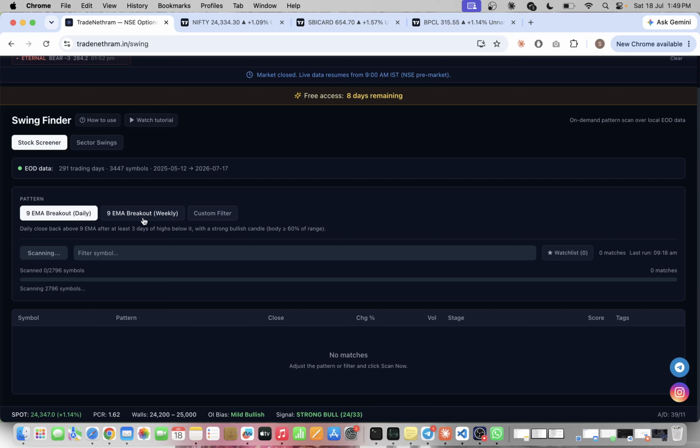There is some calculation happening for this one. The previous days or previous day weekly candle should not even touch the 9 EMA. Okay, if it comes, then I should be able to show you something, but it will take some time to scan all these. You can see 2,700 stocks are there. It will display.